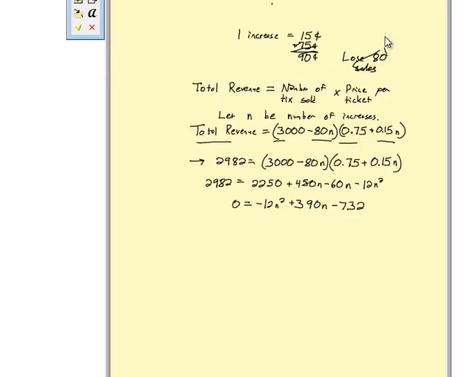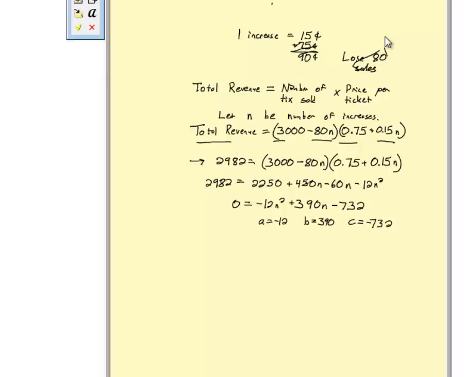And now you can see that we've got a quadratic in standard form. Now we can do better than this if we want to. We could divide everything by a negative 2, but we can also just use the quadratic formula here. A equals negative 12, B equals 390, and C equals negative 732.